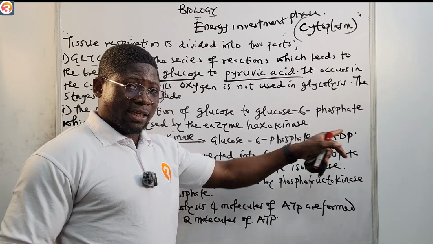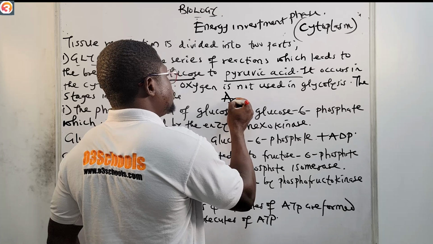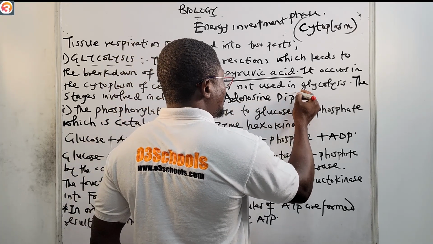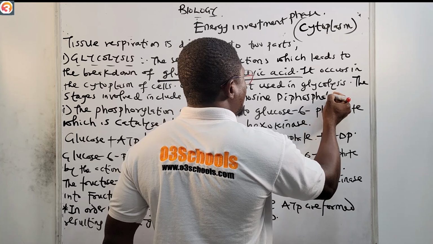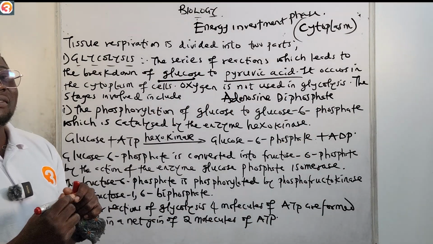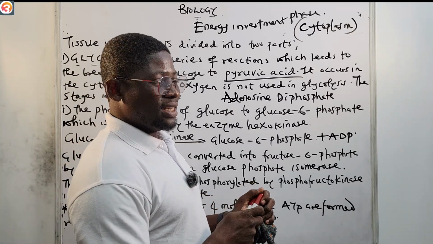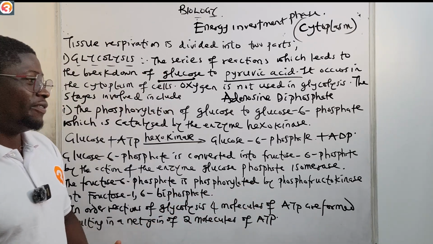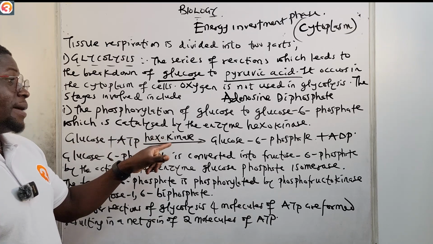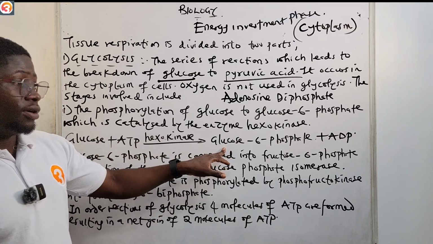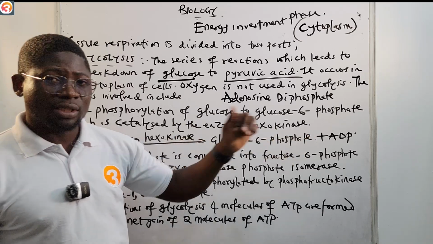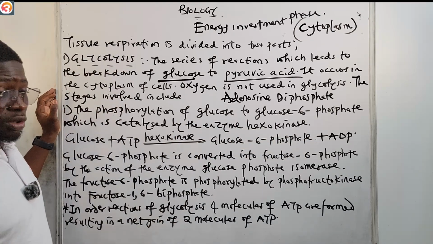This ADP is called adenosine diphosphate. It's a product of the energy investment phase of glycolysis. So glucose plus ATP, catalyzed by hexokinase, gives us glucose 6 phosphate. You see the phosphorylation of glucose happening, plus ADP. And usually 2 molecules of ADP are gotten.